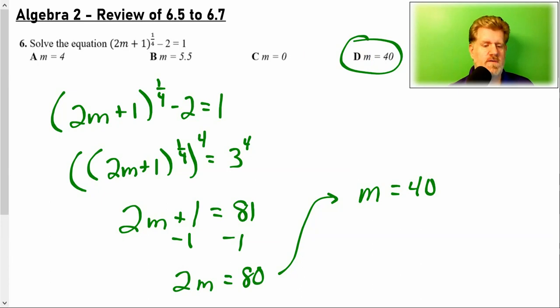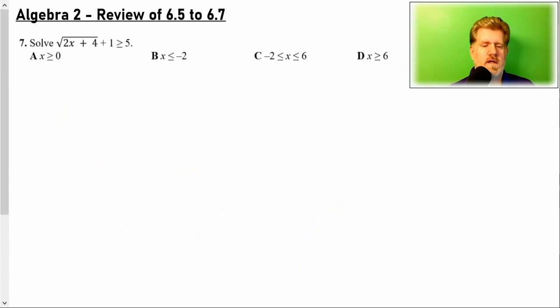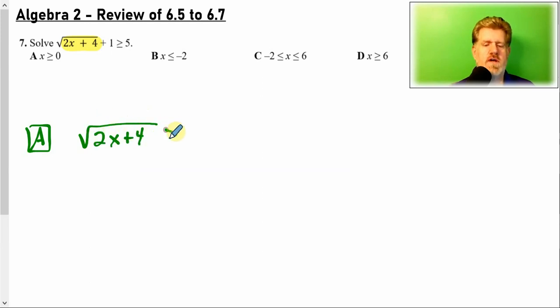Okay. Now we've got an inequality. Remember the two parts of the inequality. This, under the radical, must be, whoops, yeah, sorry, 2x plus 4 must be greater than or equal to 0.